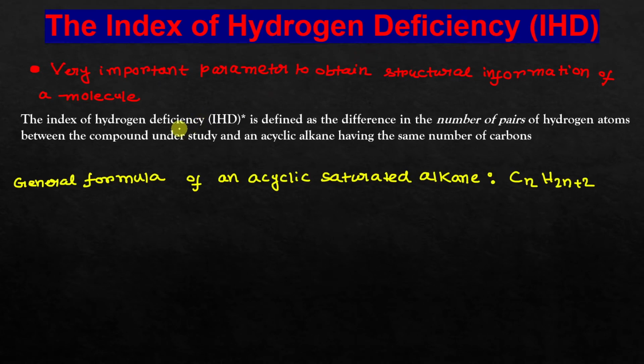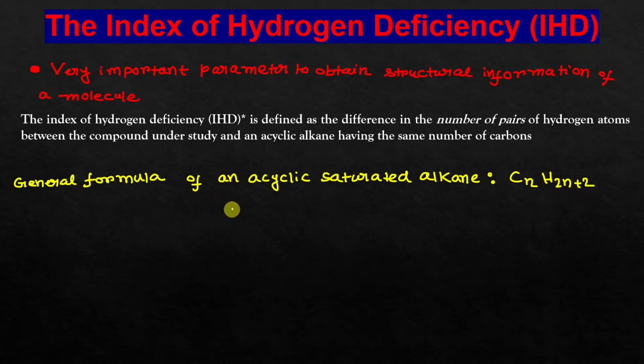Now the definition of index of hydrogen deficiency is the difference in the number of pairs of hydrogen atoms between the compound under study and an acyclic alkane having the same number of carbon atoms. Basically we know that the general formula of any acyclic alkane is CnH2n.